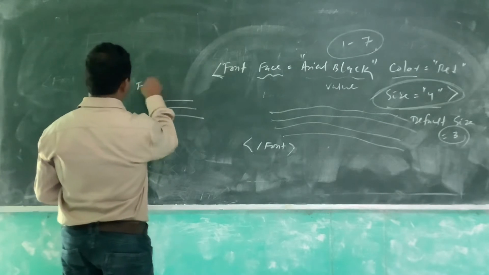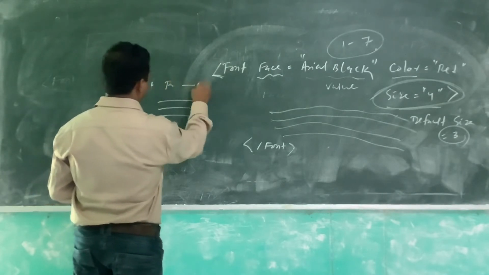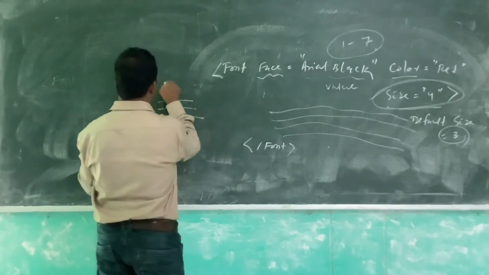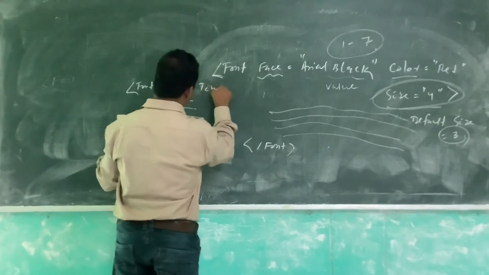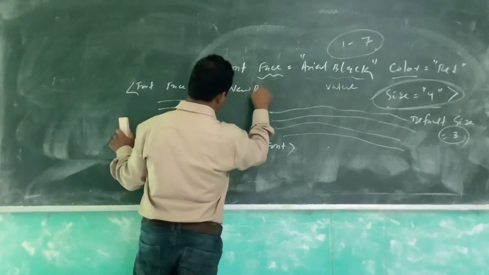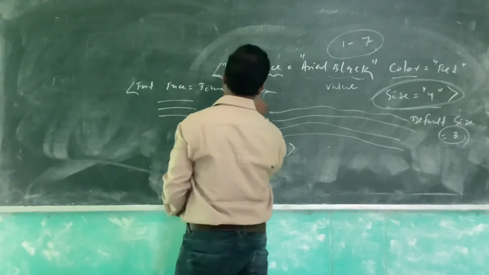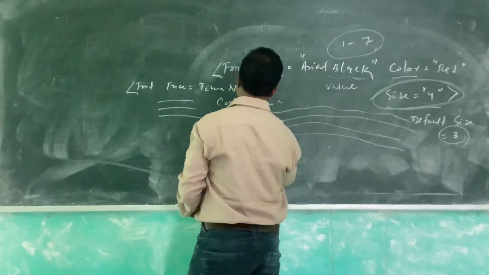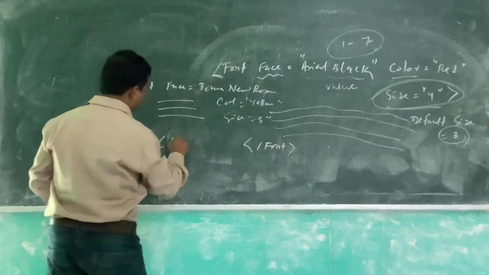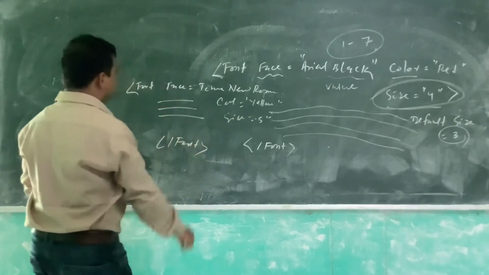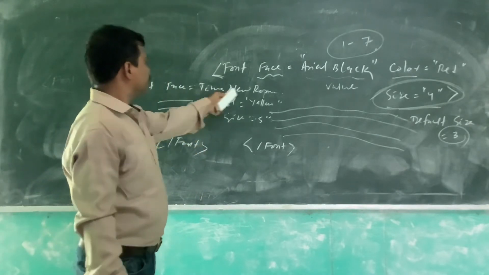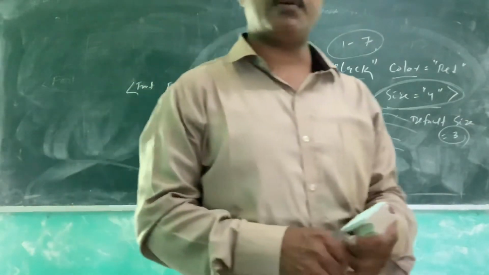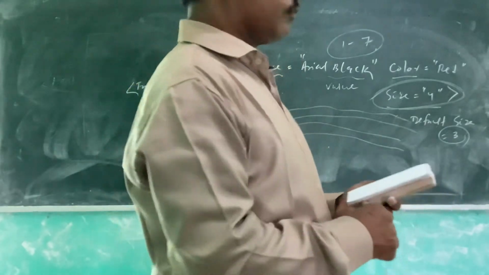Here simply type font face equal to Times New Roman, color equal to yellow, and size equal to, suppose, 4. Then close the font tag. Then this text will be shown in this format. So this is all about your font tag.